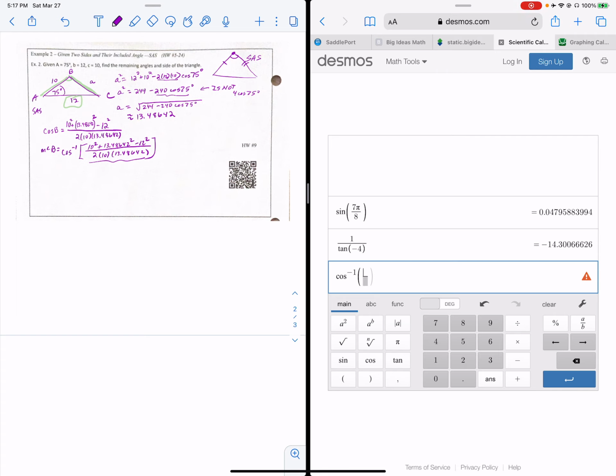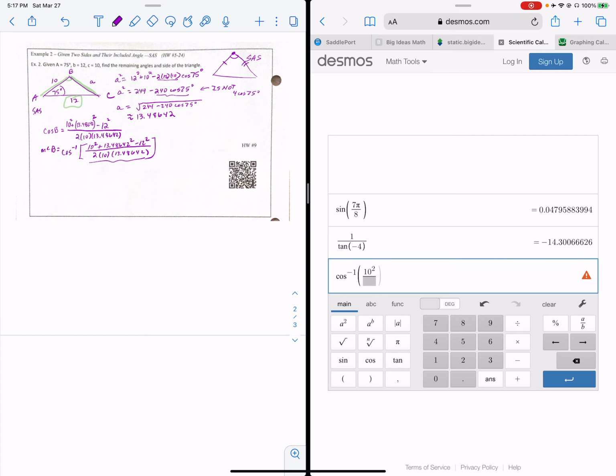So I'm going to do that 10 squared plus 13.48642 squared minus 12 squared, and then jump to the denominator here, and I have the 2 times 10 times that 13.48642. So actually Desmos is kind of nice on this, and finish that up. And I'm getting that 59.2.